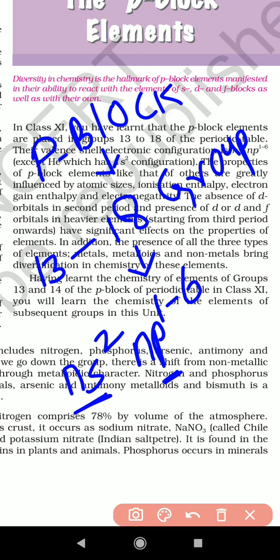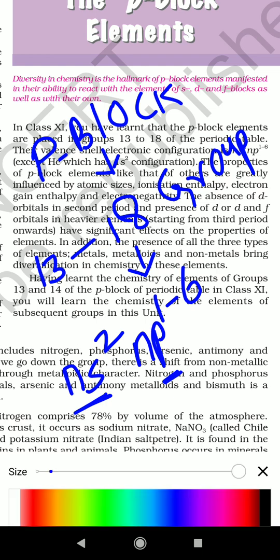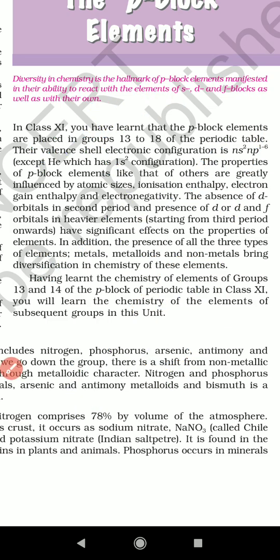So the last outermost electrons enter the p orbital. The elements in which the last outermost electrons enter the p orbital are called P block elements. So let us see once what the given explanation says.